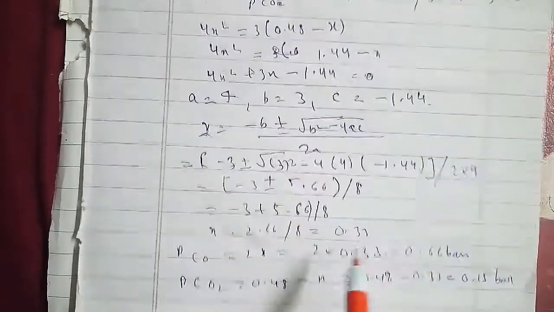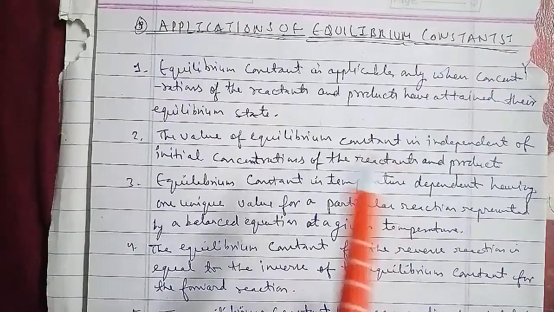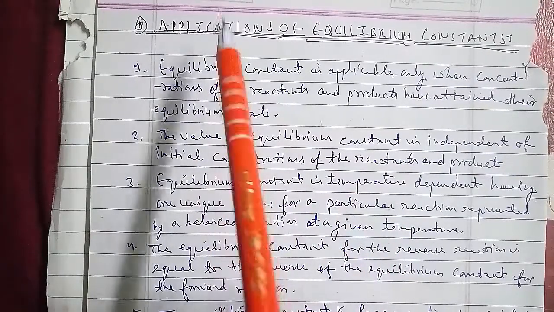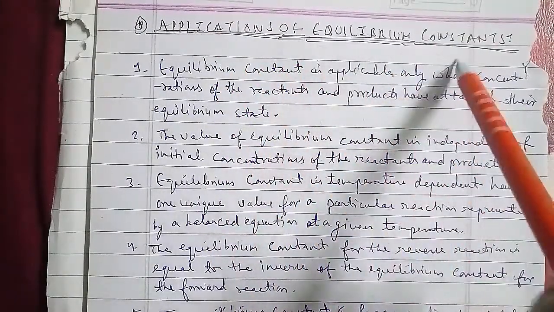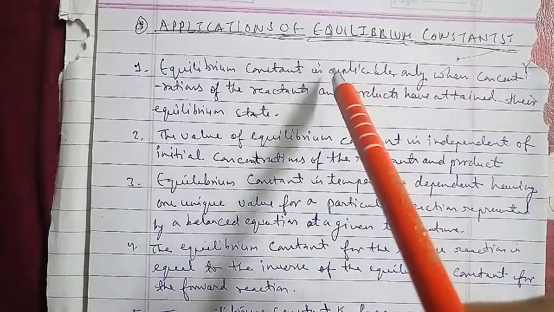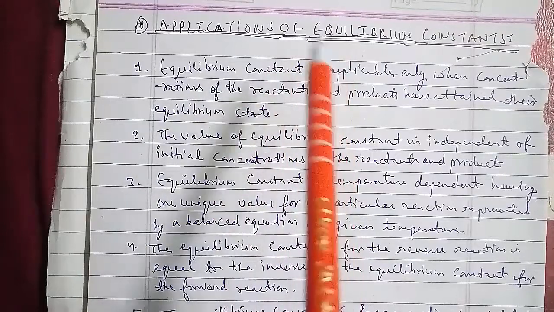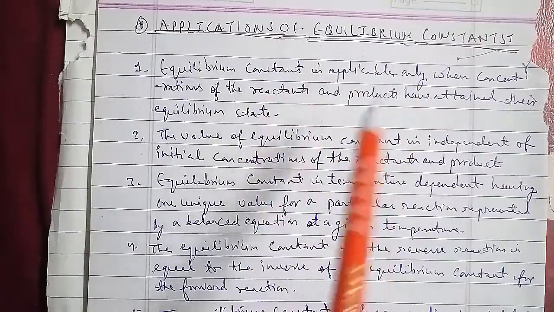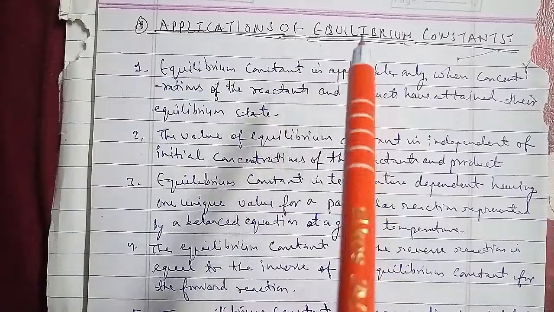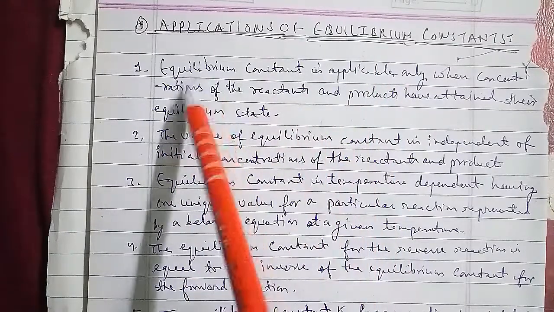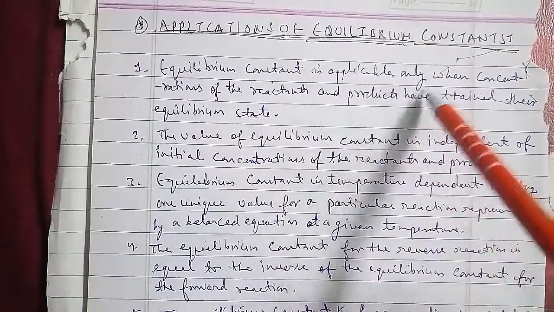So we'll discuss the applications of equilibrium constants. What are the applications of the equilibrium constant? Before considering the applications, let us summarize the important features of the equilibrium constant as follows. The first is that the equilibrium constant is applicable only when the concentrations of the reactant and the product have attained their equilibrium state.